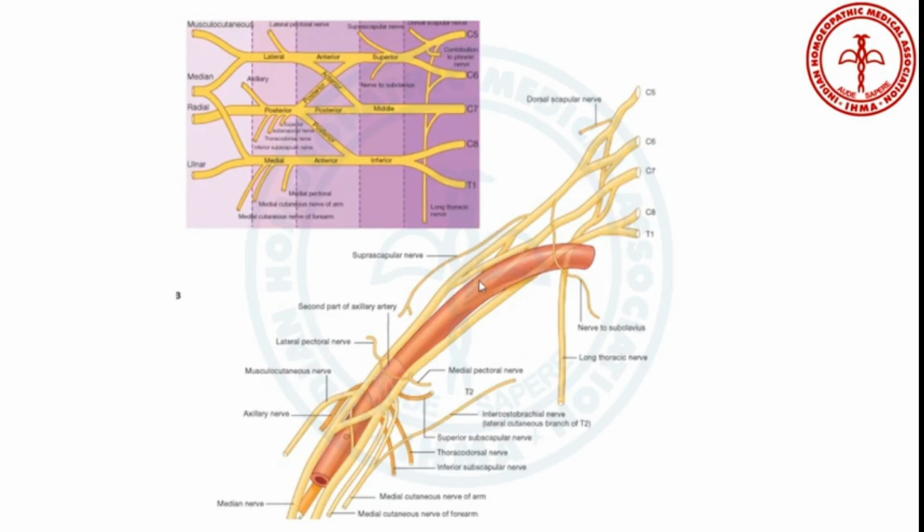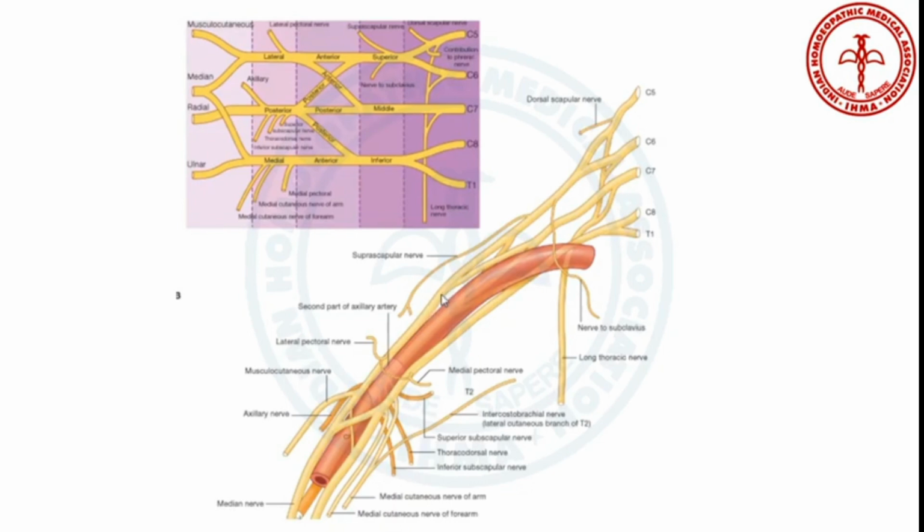Now listen, why specifically do we stress the axilla? Because the next stage of the brachial plexus will be the cords. We have three cords: lateral cord, medial cord and posterior cord. The naming of these cords is purely based on their relationship with the axillary artery. For example, the cord of the brachial plexus on the lateral aspect of the axillary artery is called the lateral cord.